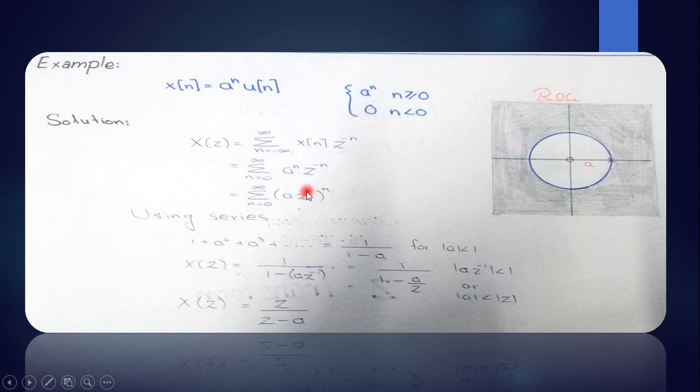If we take z power n common and use the geometric sum series, which holds if a mod is less than 1, it will become this one. Applying this on the given example, we will get the Z transform as 1 over 1 minus a over z. From here we can conclude that a mod is less than z mod.